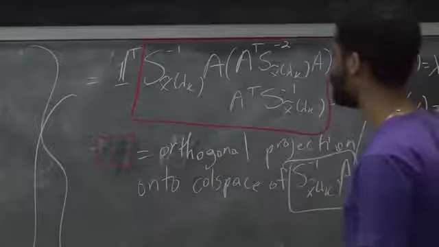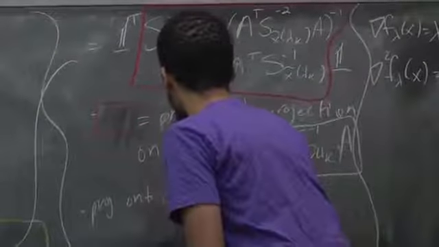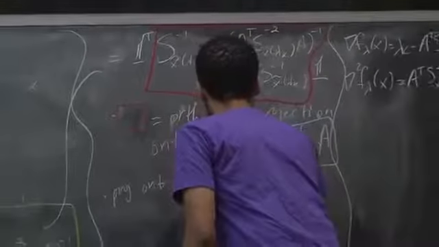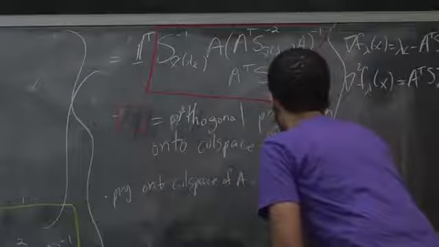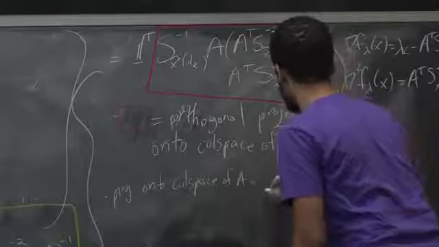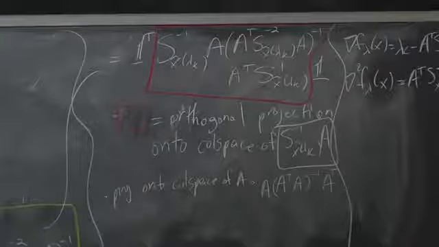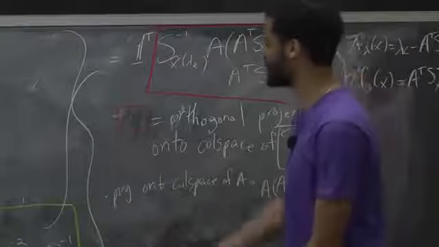So in general, the projection onto the column space of A is A times A transpose A inverse, and then put an A transpose here. The best way to see that is, for example, taking the SVD of A, and when you expand this thing out, you get U U transpose, where U is the matrix with left singular vectors. But what does that tell us about this thing?